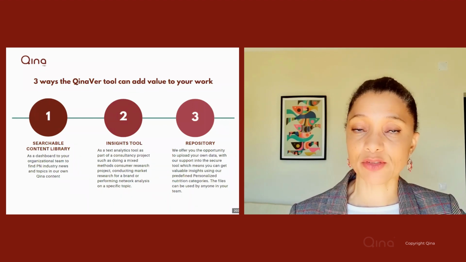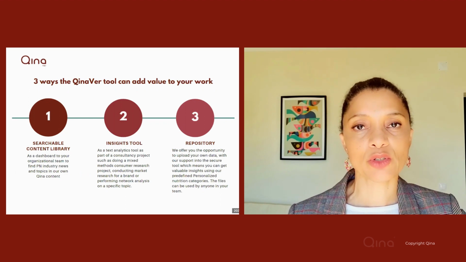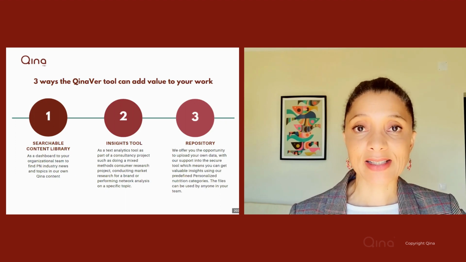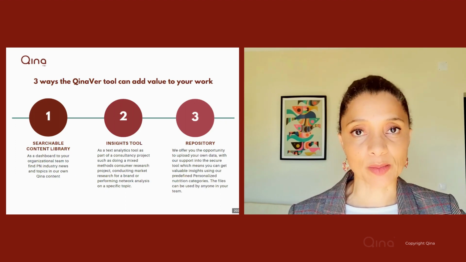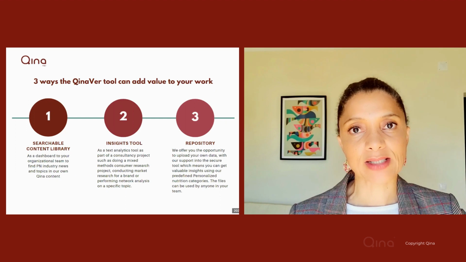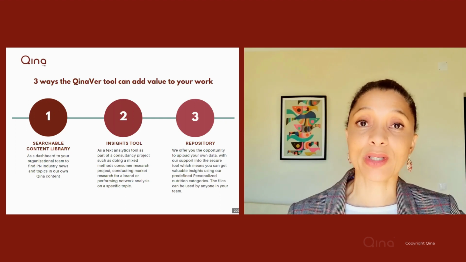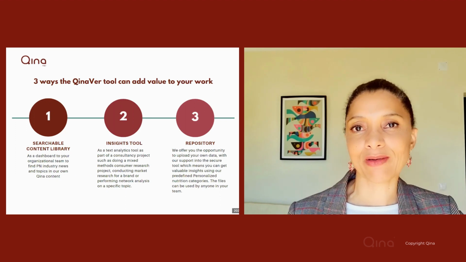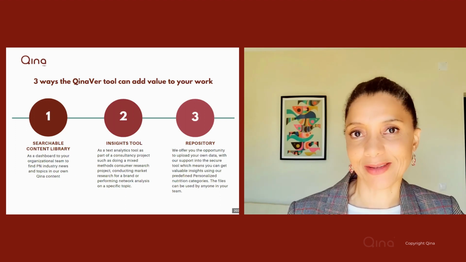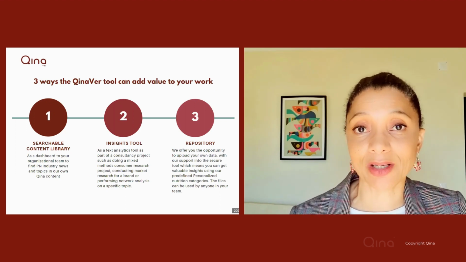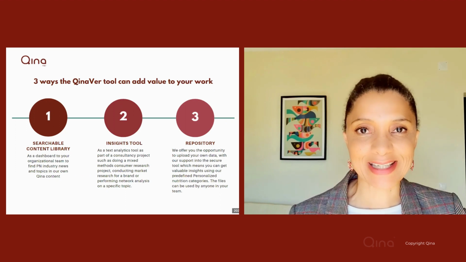So QinaVer, as I've shown, is very useful to compare kind of keywords, phrases, topics, and analyze them by comparing different time frames. And so here you can really see, for example, that maybe immunity was a hot topic 2 years ago, but now it's more around health, or about gut health, or about mental wellness, or physical activity.